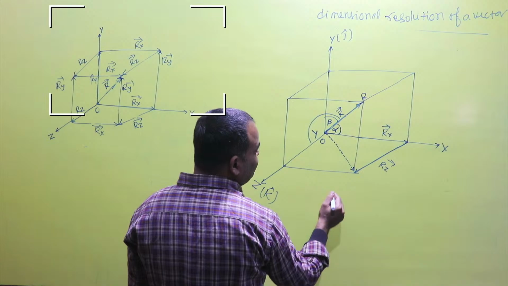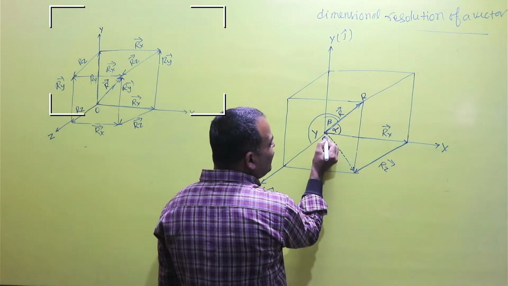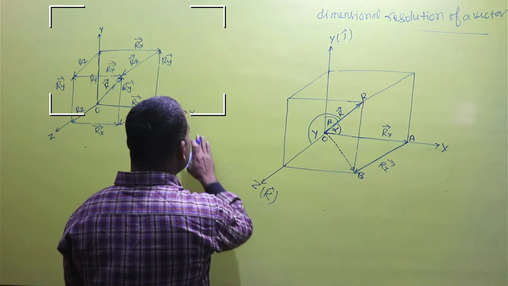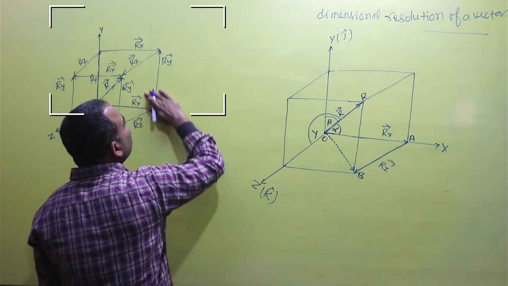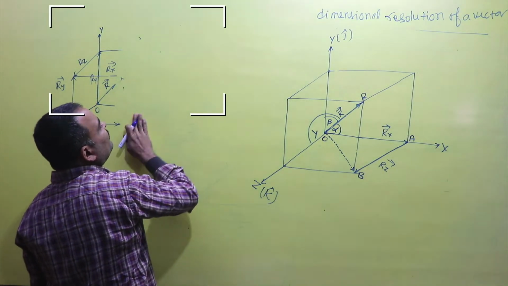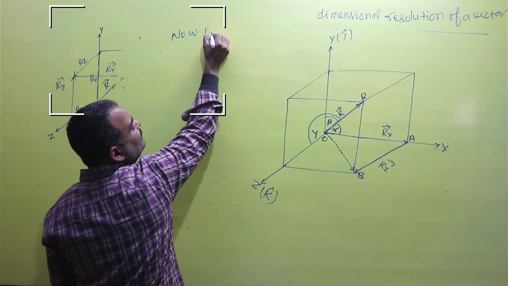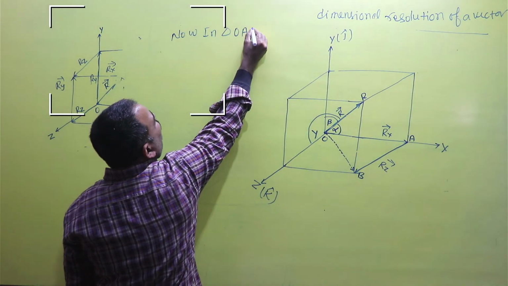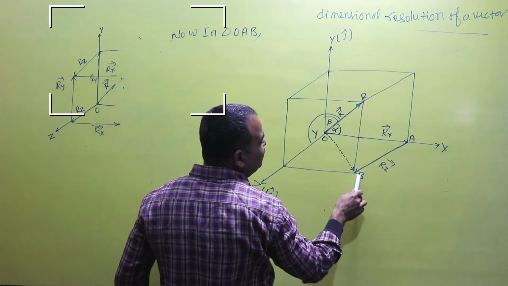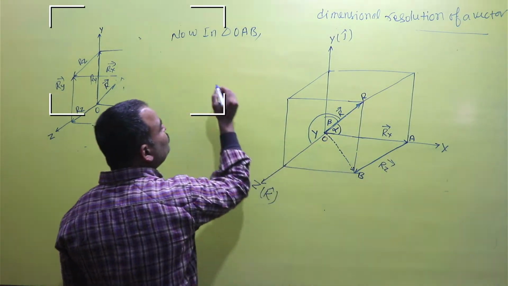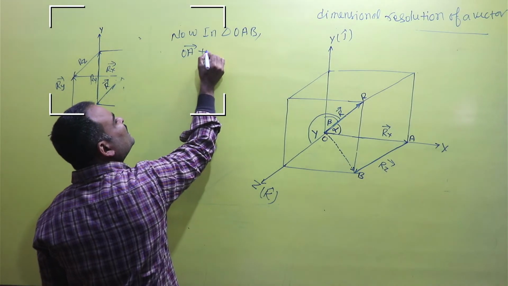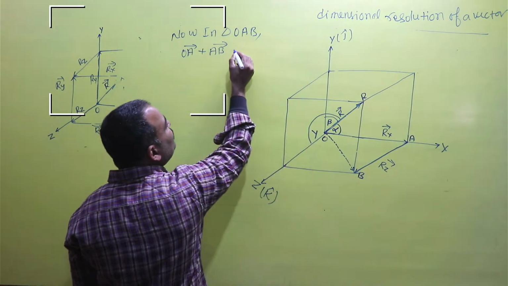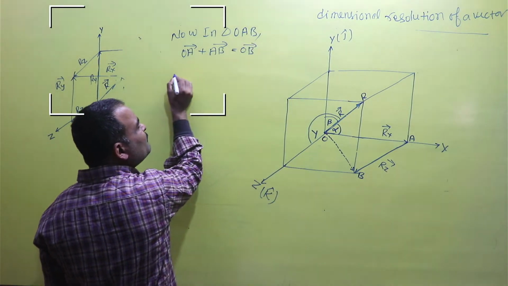So this called O, A, B. So we can write in triangle OAB, OA plus AB is equal to OB.